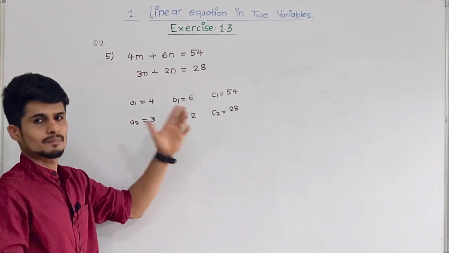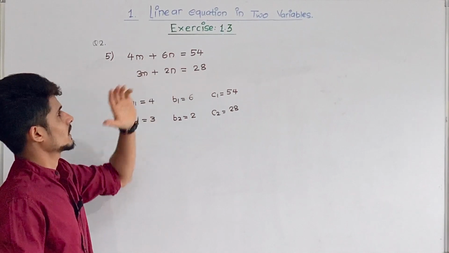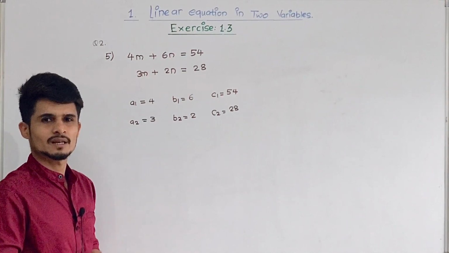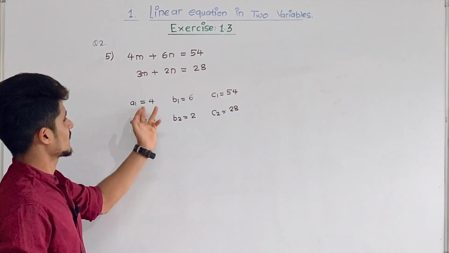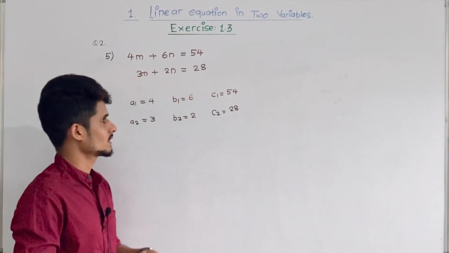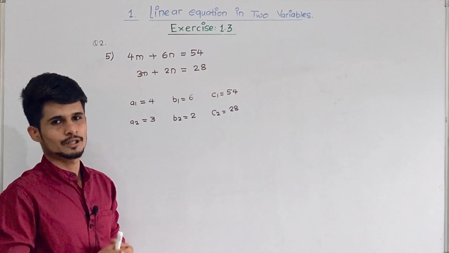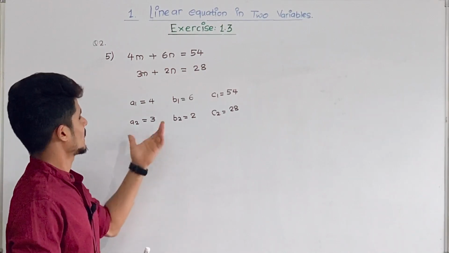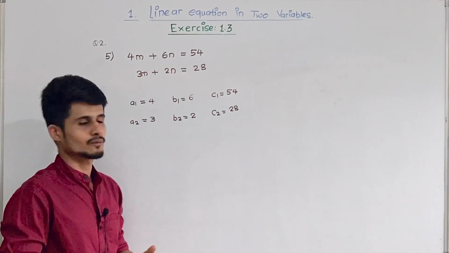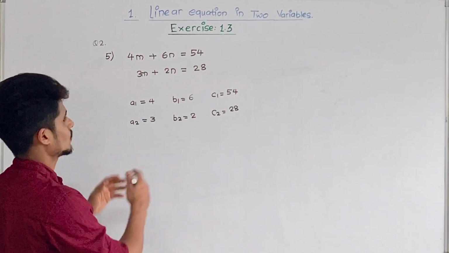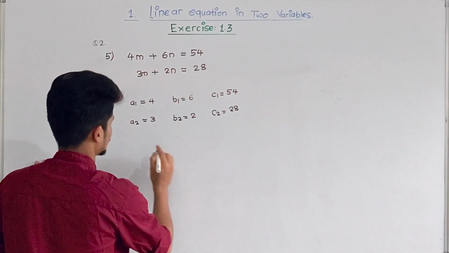You just have to compare the first equation with a1m plus b1n is equal to c1 and write the values of a1, b1, c1. Similarly, compare the second equation with a2m plus b2n is equal to c2 and write the values of a2, b2 and c2. Now we'll find the value of determinant.